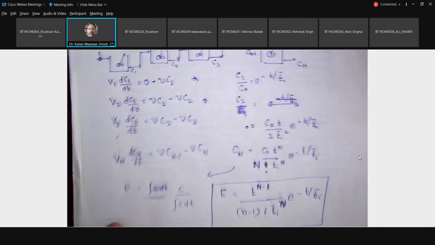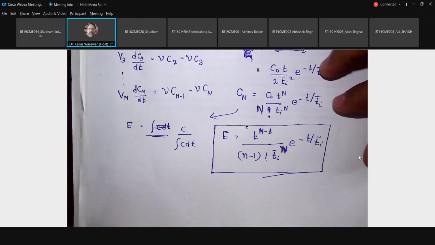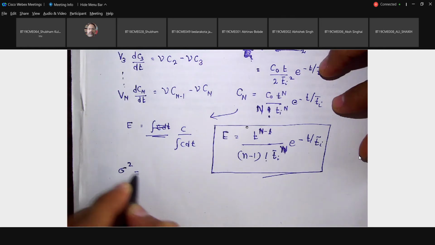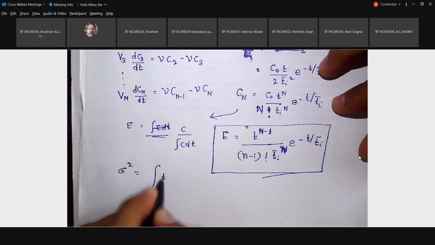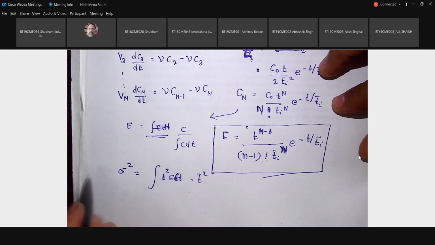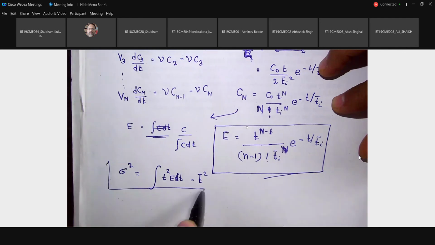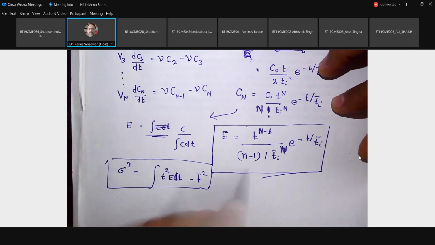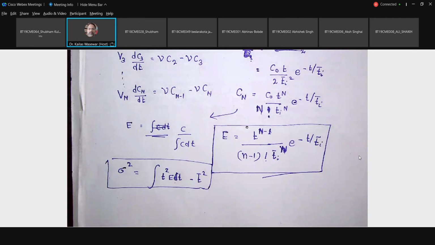Now, once you have the E value, you can easily get the variance value. This is the equation. When you substitute here and simplify it, you will reach a certain mathematical equation.